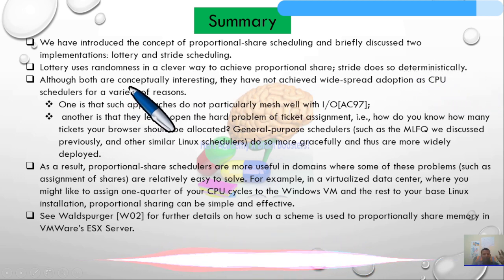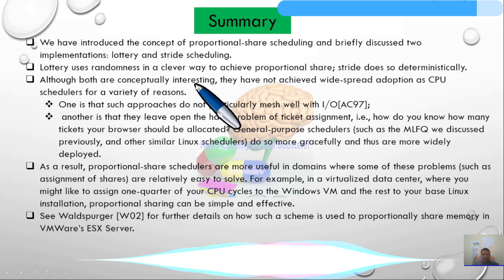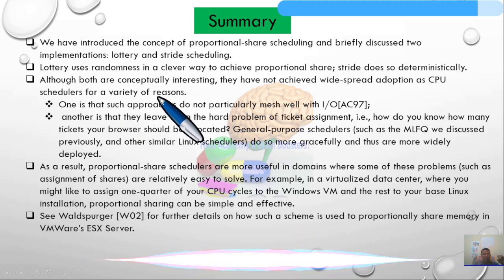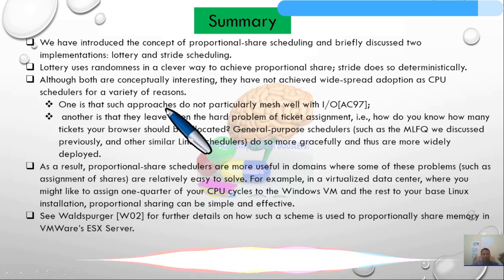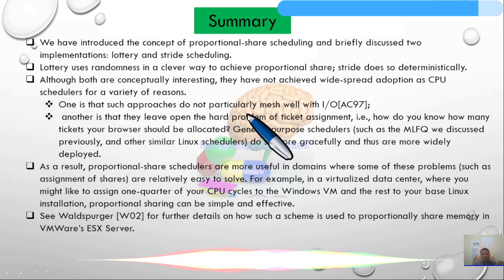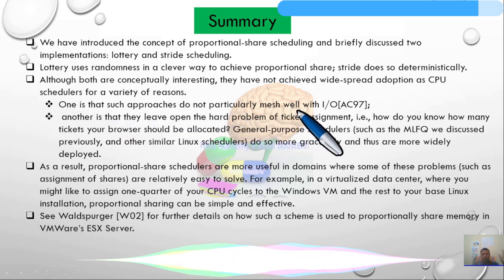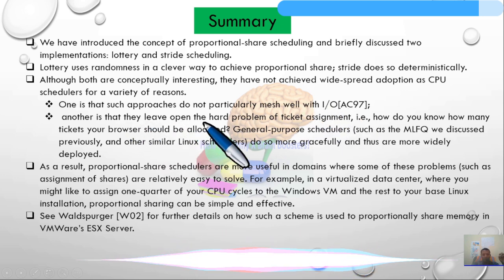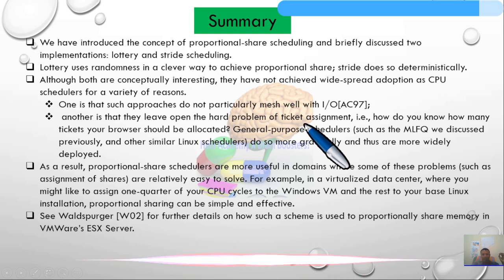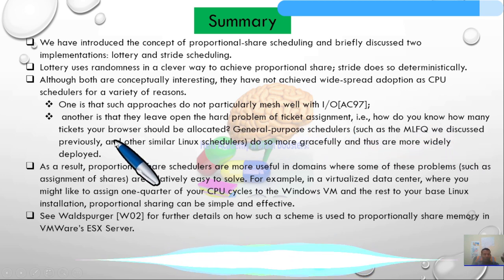Although both are conceptually interesting, they have not achieved widespread adoption as CPU schedulers for a variety of reasons. The first one is that such approaches do not particularly mesh well with input-output. Another is that they leave open the hard problem of ticket assignment. How do you know how many tickets your browser should be allocated?